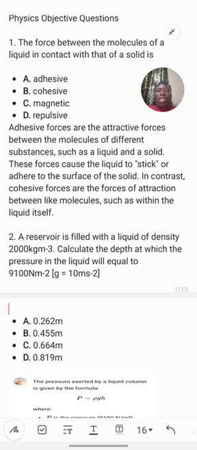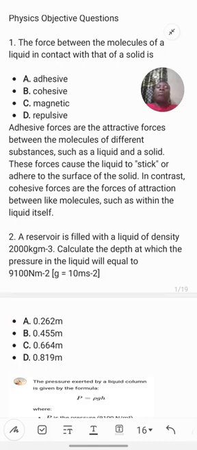You agree with me that liquid and solid are not the same, when we consider them as different kinds of matter. So when we have a force between molecules of different types of matter, then we have adhesive forces.